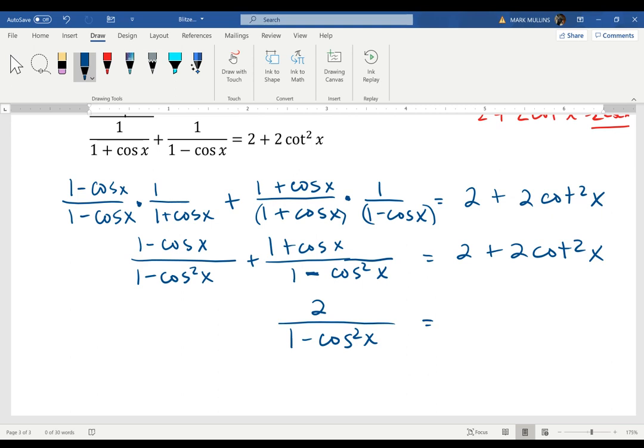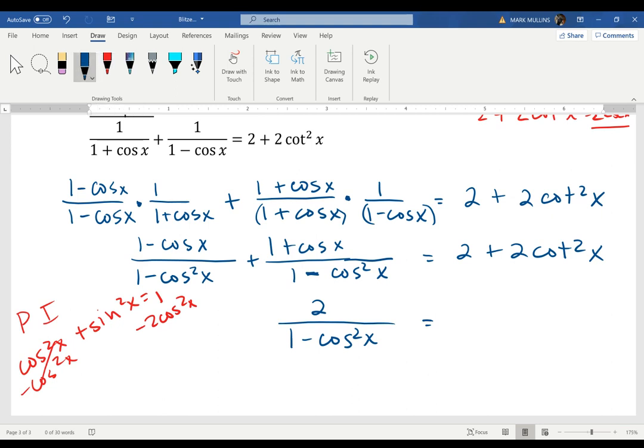And I should know by now that when I have 1 minus the cosine squared x, that's back to that Pythagorean identity where we have cosine squared plus sine squared of x equals 1. And then if I subtract cosine squared x on both sides, now I would have sine squared.